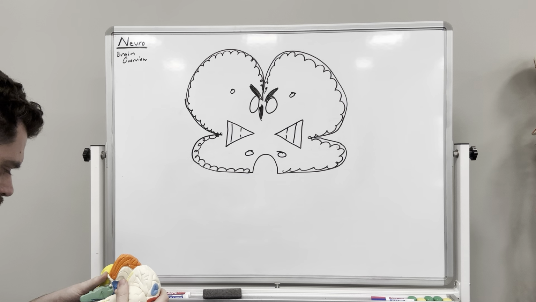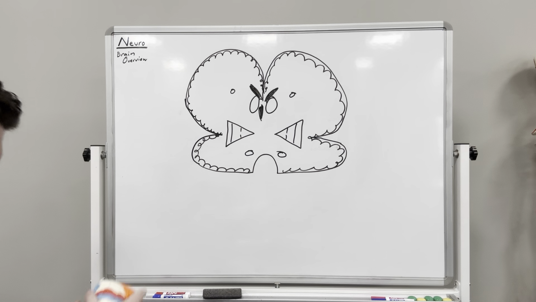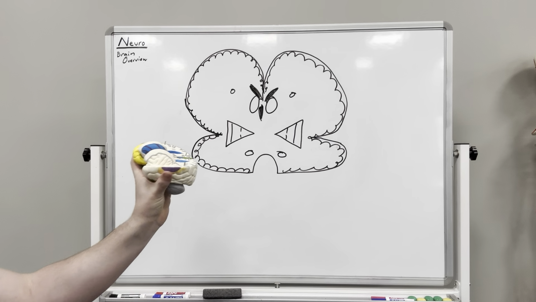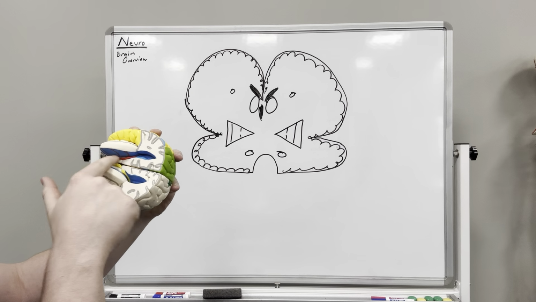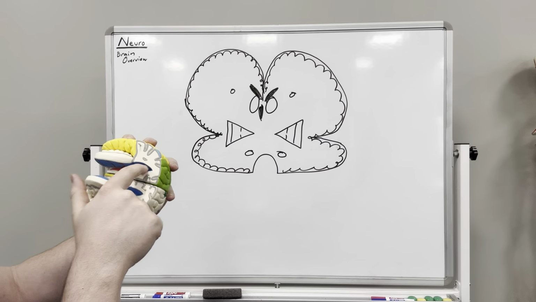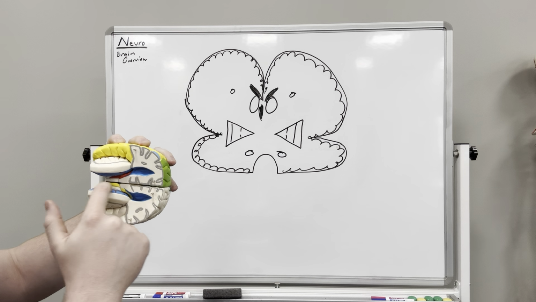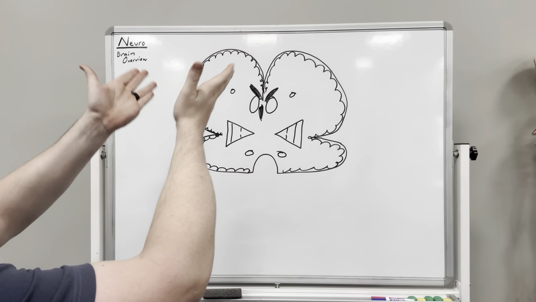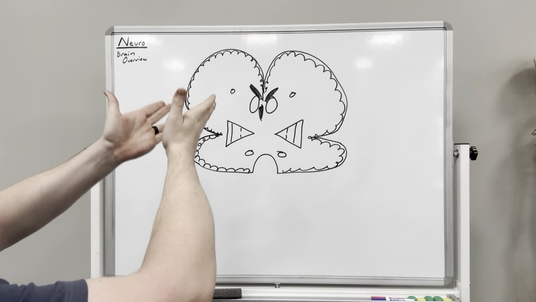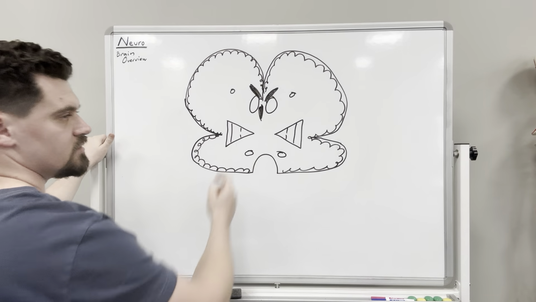Let me pull apart the transverse cut. So there we go. You'll see the blue right here, and that would be the occipital horn or the posterior horns there, and that is going to be your lateral ventricles. The lateral ventricles are then going to drain the cerebrospinal fluid into the third ventricle.